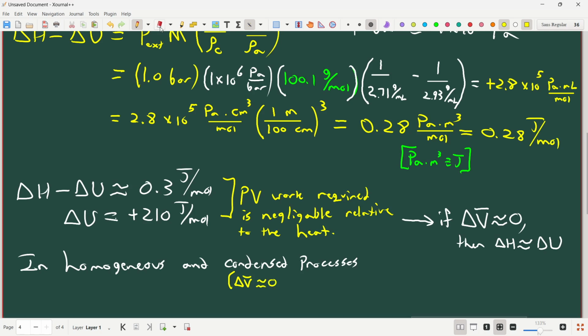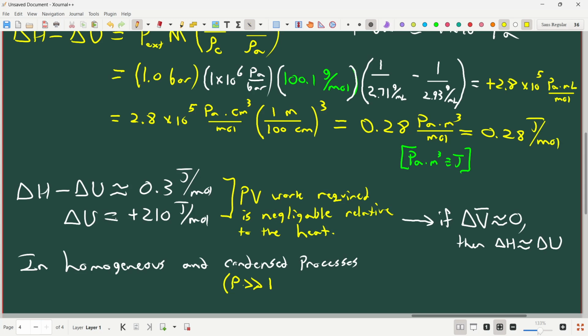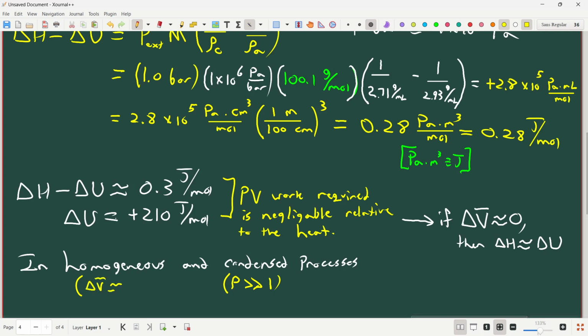Sorry, that's wrong. Condensed means high density, greater than 1. And homogeneous means the change in the volume is basically 0. Everything's kind of mixed nicely. The enthalpy change we measure is basically the energy change we measure.